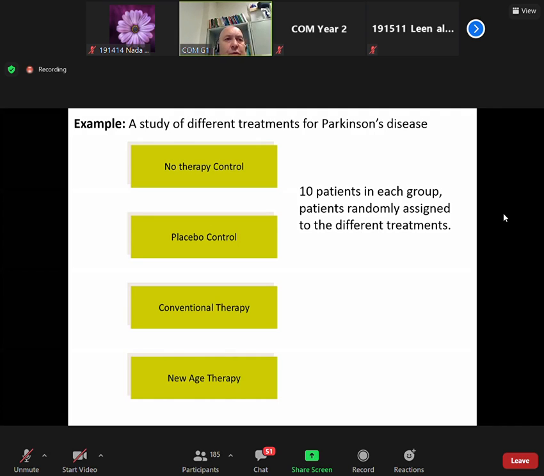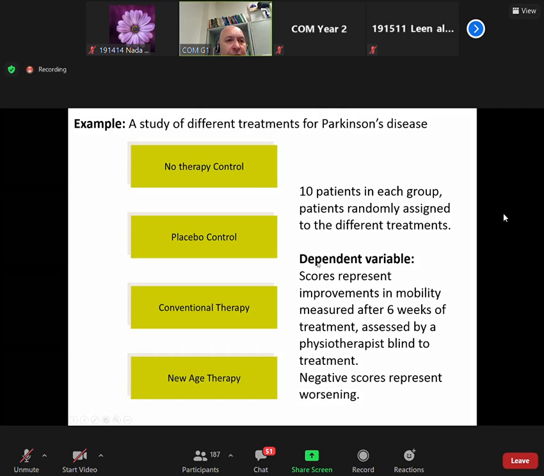Very rarely do you see papers that are published with more than about 5 or 6 treatments, but it's possible to have as many groups as you wanted. There's 10 patients in each of these groups, and it's important to say that they have been randomly assigned. I haven't described how to randomly assign, but there are ways using random number tables to do that.